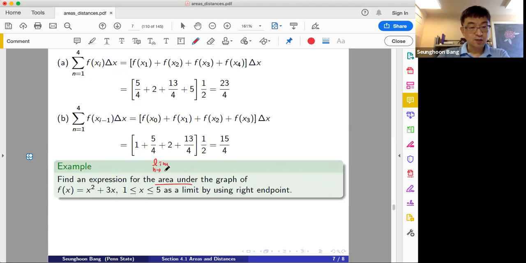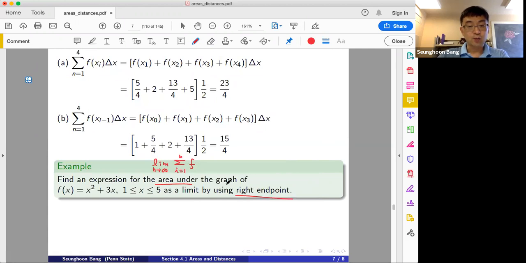As n approaches infinity, the summation, i equal to 1 to n, of f of, what's that?